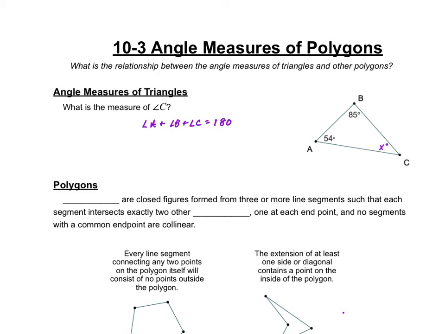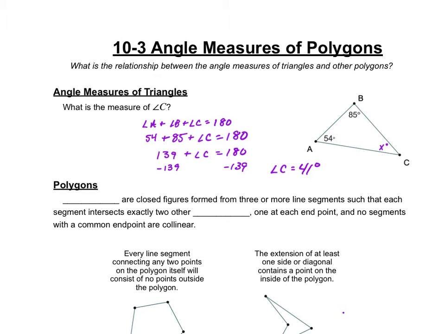If angle A is 54 degrees and angle B is 85 degrees, plus angle C equals 180. These two added together are 139, plus angle C equals 180, minus 139 from both sides. We find out that angle C is 41 degrees.